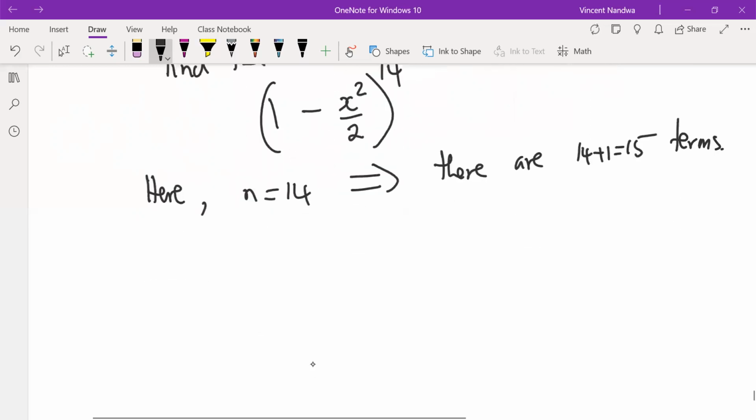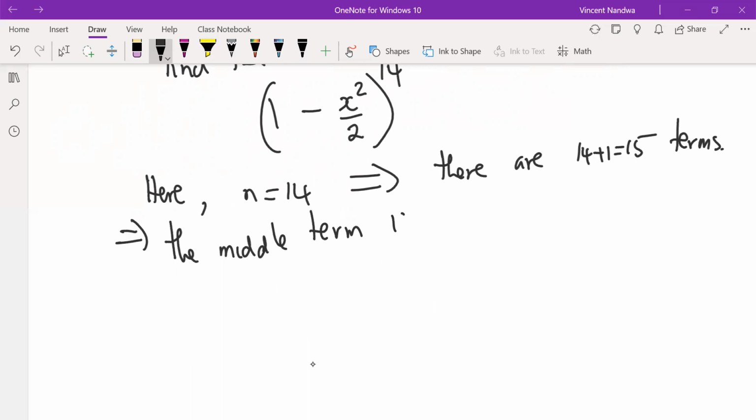If there are 15 terms, then the middle term is the (n/2 + 1)th, which is the same as the 8th term.